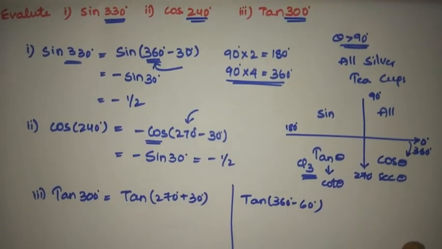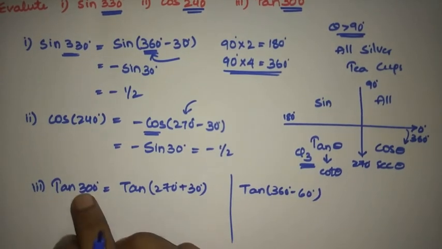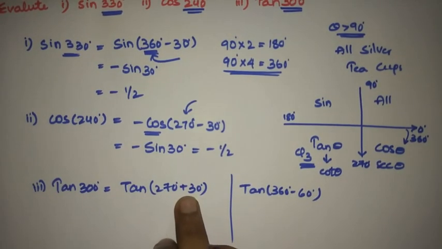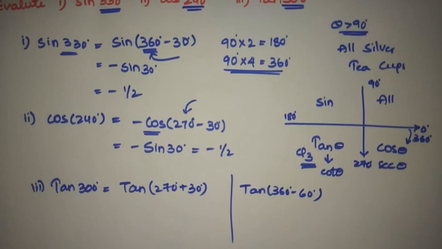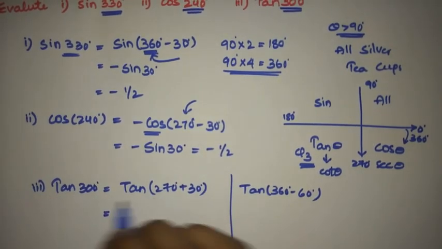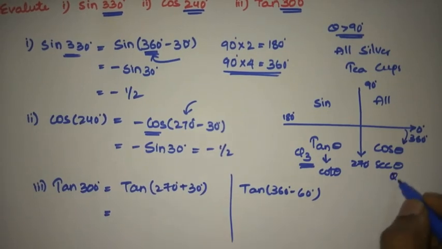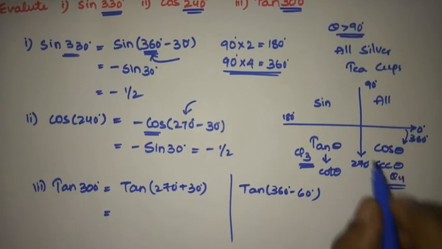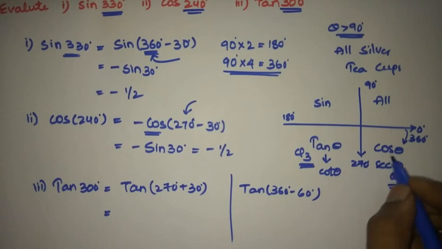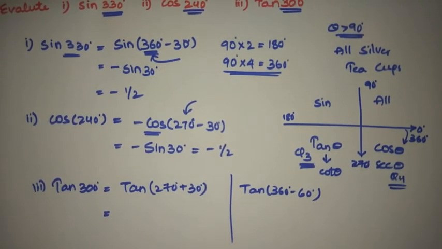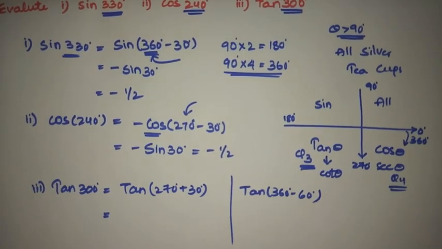Let us check. So 300 is the value which lies in quadrant number 4. In quadrant number 4, only cos and its reciprocal secant are positive, and the remaining trigonometric ratios will be negative.